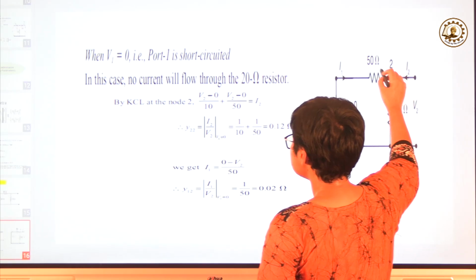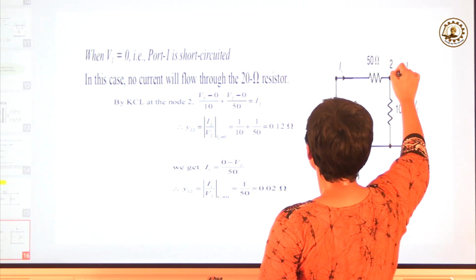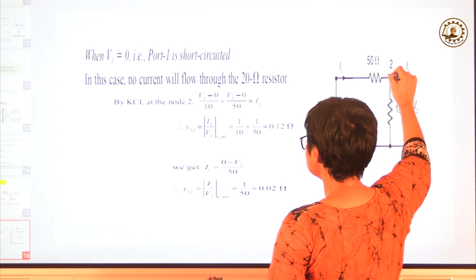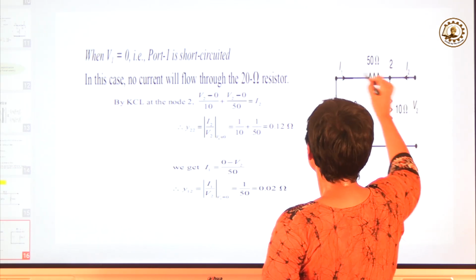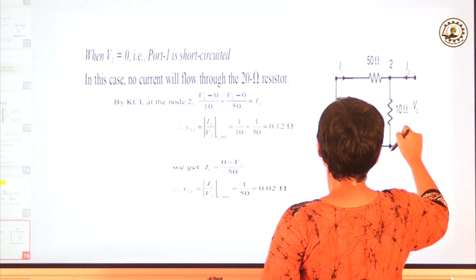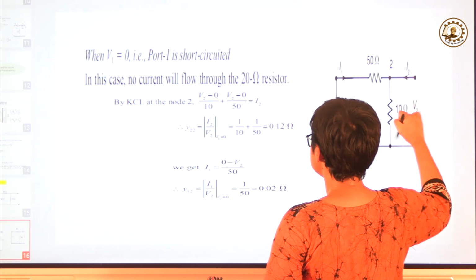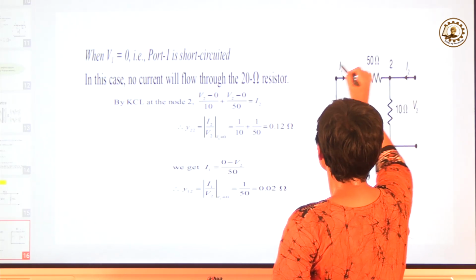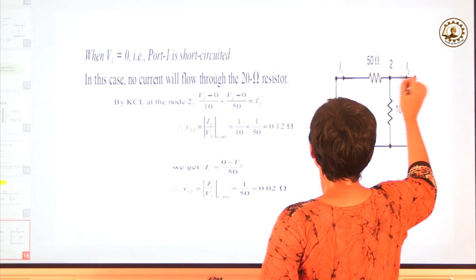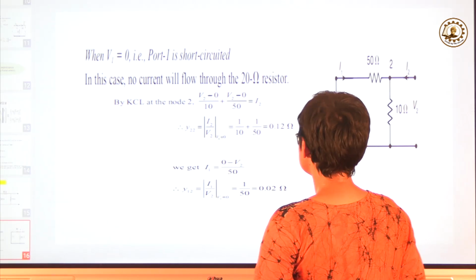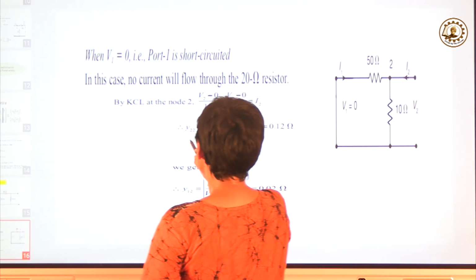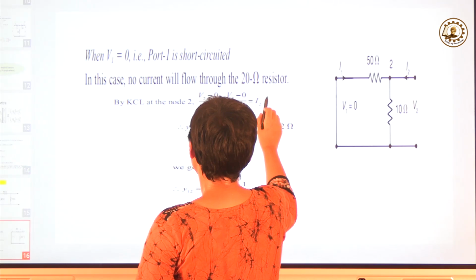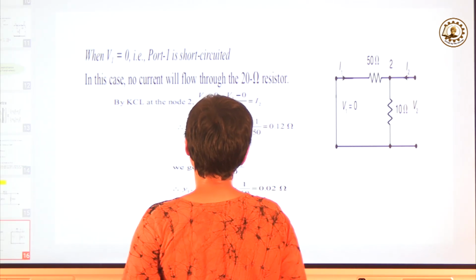If we apply Kirchhoff's current law at node 2, then (V2 minus 0) divided by 10 plus (V2 minus 0) divided by 50 will be equal to I2. In this way we will get a relation between I2 and V2 at V1 equals to 0.